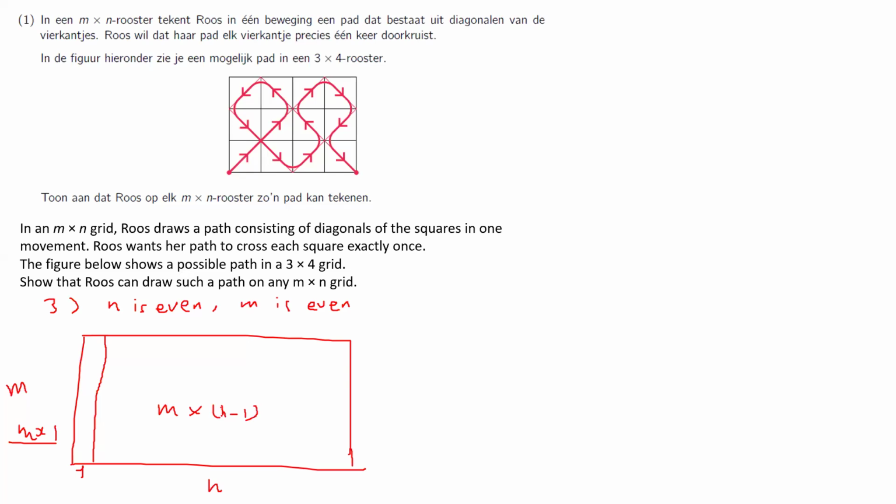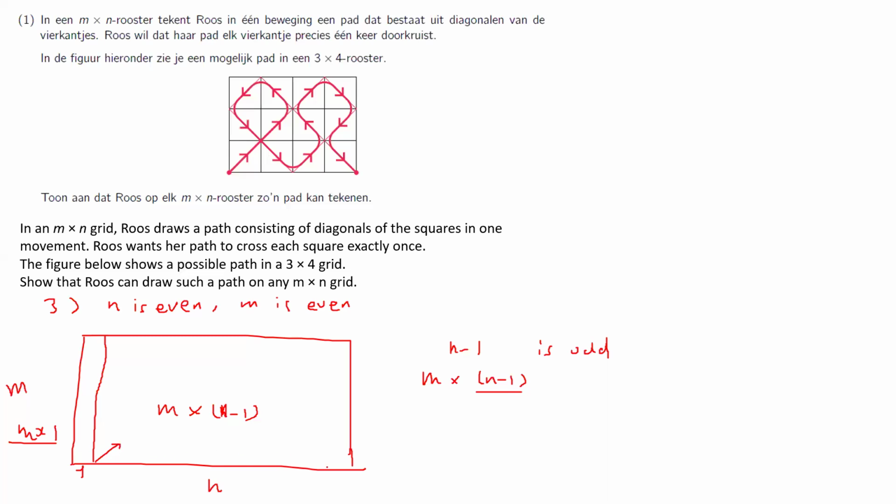And we know that now n minus 1 is odd. So the grid has such a path because the number of columns is odd. So such a path exists.